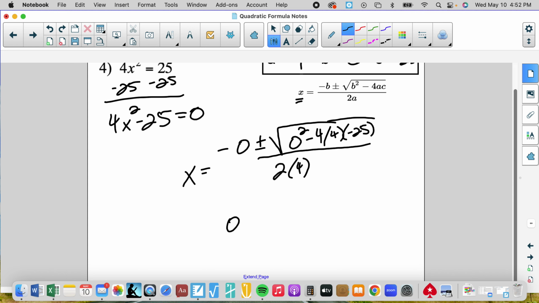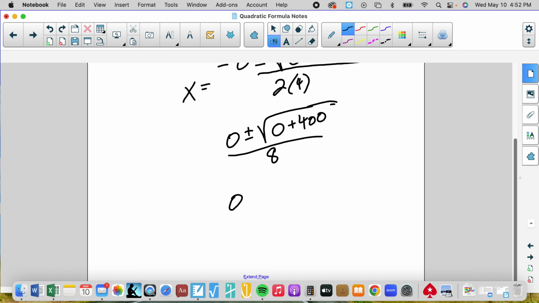We have 0 plus or minus 0. Negative 4 times negative 25 is positive 100 times 4 is 400, plus 400 over 8. We have 0. Well, we don't even have to do it because 0. It's just going to be plus or minus the square root of 400 over 8.